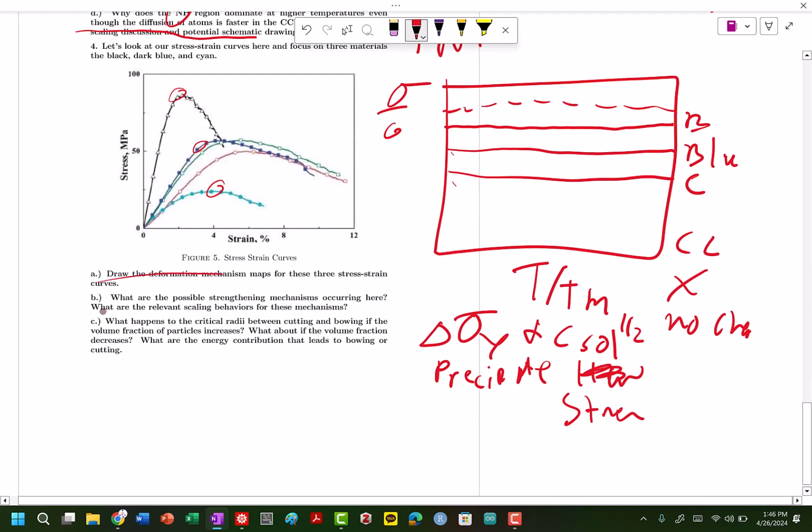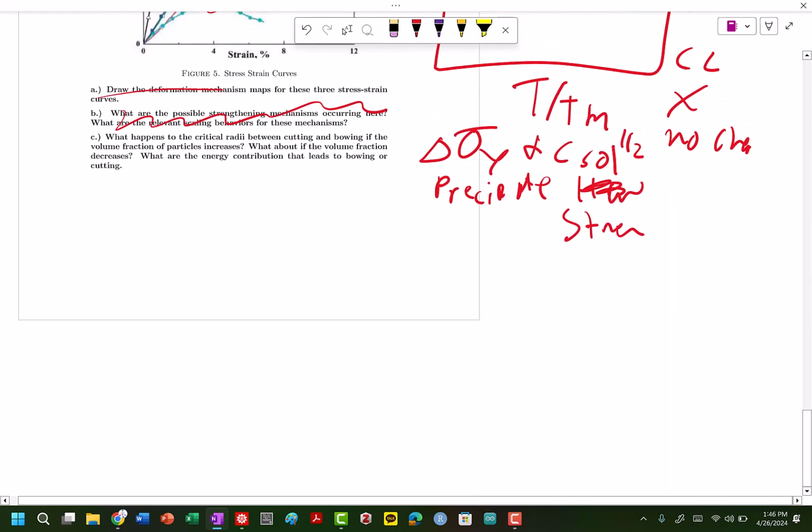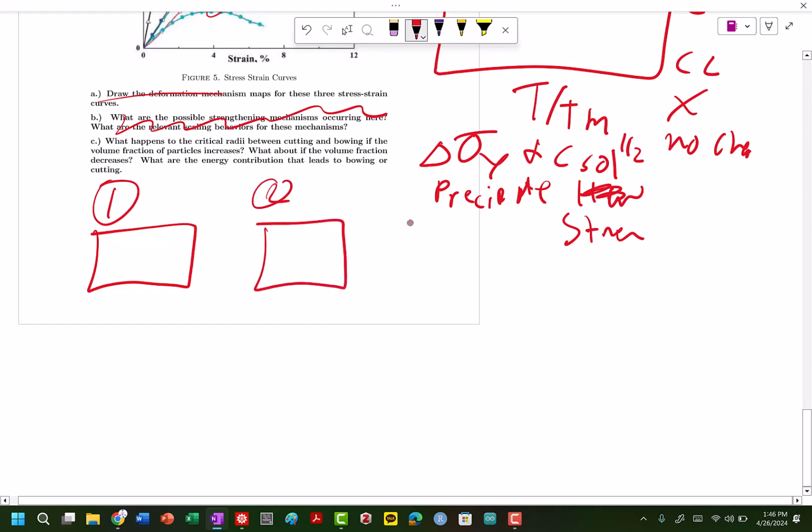So boom, boom. What happens to critical radii if the volume fraction increases? What are the energy contributions? Excellent. So if I have a system like this, system 1, system 2, and system 3. System 3 has the largest volume fraction, so I have lots of particles in here. Here I have medium, and then here's just 1.